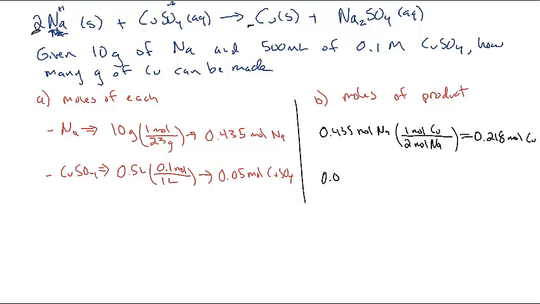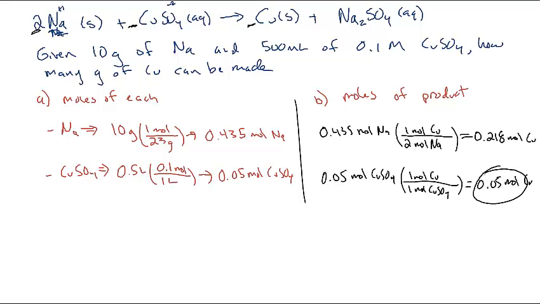For the copper sulfate, I have 0.05 moles of CuSO4. I know my mole ratio here, it's 1 copper sulfate for every copper. So 1 mole copper sulfate for 1 mole of copper, and I get 0.05 moles of copper. So now, which one's going to run out first? Well, the one that makes less runs out first. So I know that copper sulfate is my limiting reactant.